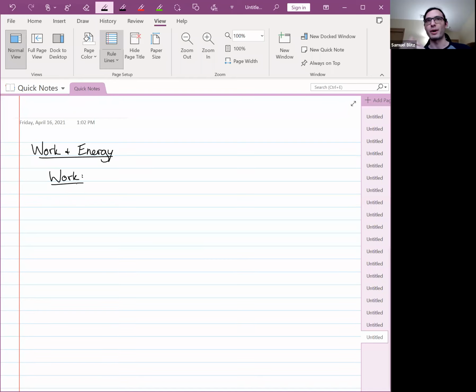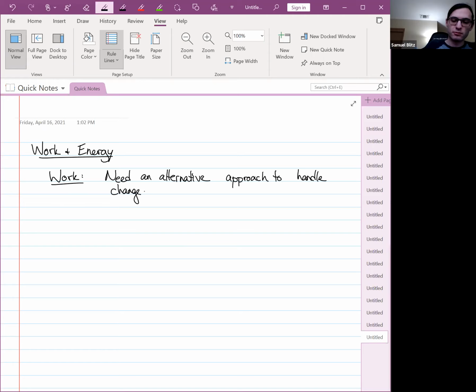We don't need to worry about vectors that much at all, or at least we don't have to work entirely with vectors. So we want to come up with an alternative approach to handle changes in speed. So that's what we're going to do.